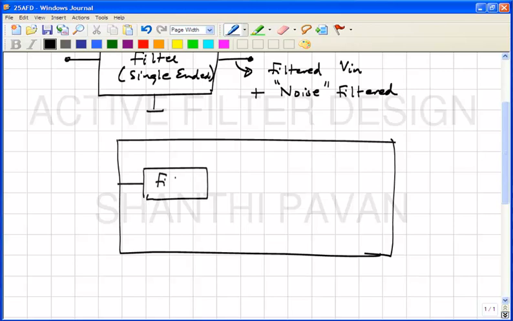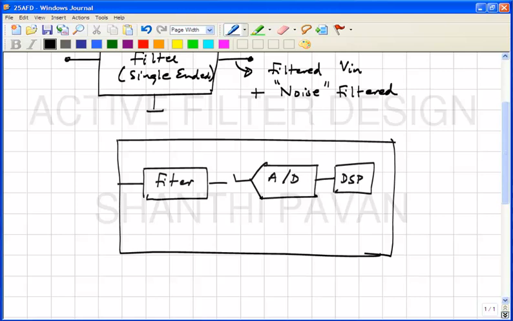So you have some filter, then some A to D, and then some DSP and so on. Okay. So this whole chip is operating off of some supply, right?